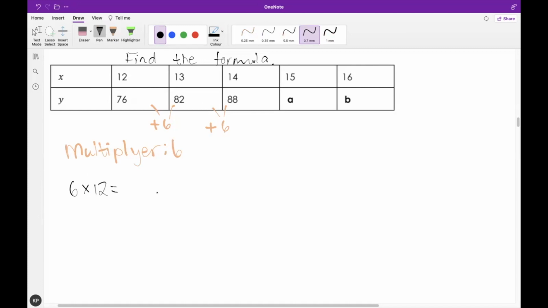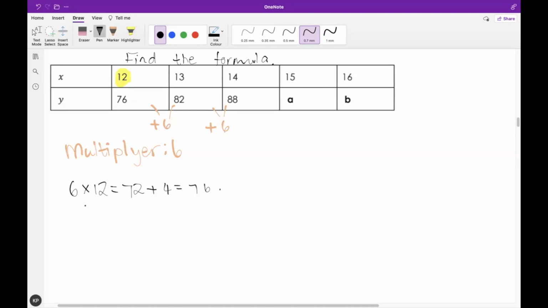What's 6 times 12? 72. Is that my desired outcome? Is 72 the output that I'm looking for here? Look carefully at the table. No, it isn't. What outcome are we looking for here? 76. So what do I still have to do to get to 76? I need to add 4, and that'll give me 76.